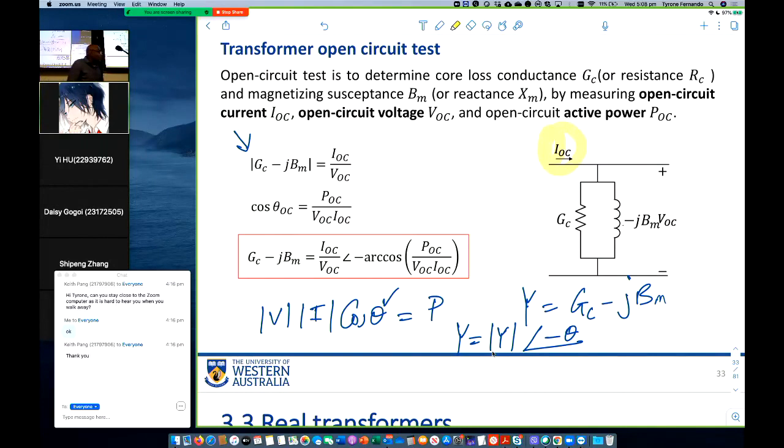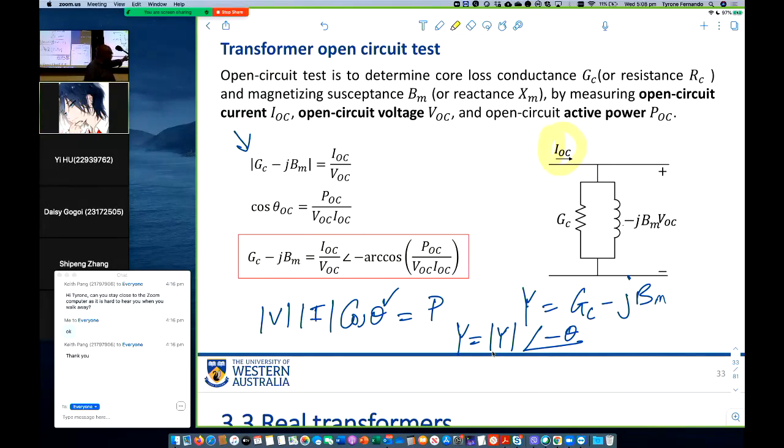Now I have the angle of the admittance, because the negative value of that is the angle of the admittance. So I know the admittance now. With the open circuit test, with the 3 measurements that I've done, I have the magnitude of the admittance, and I have the angle, because that theta that I compute, if I negate that, is the angle of the admittance.